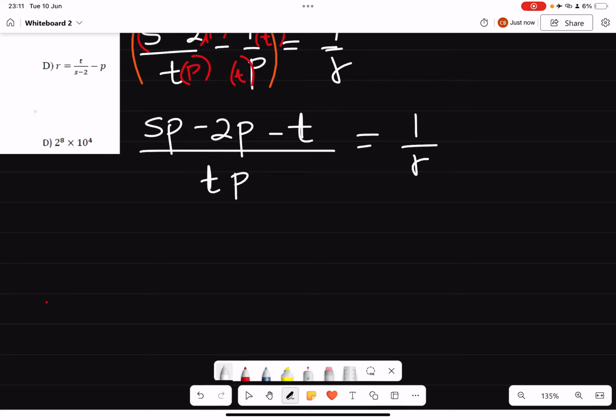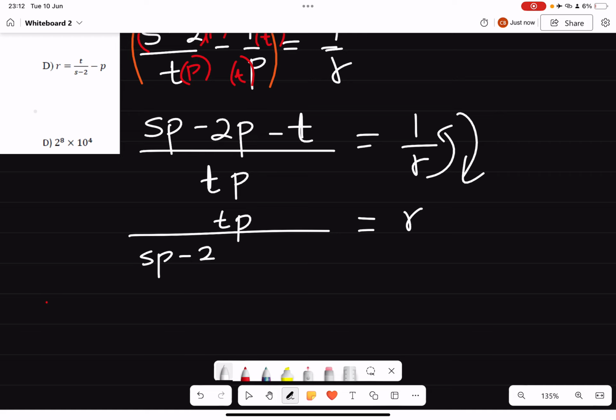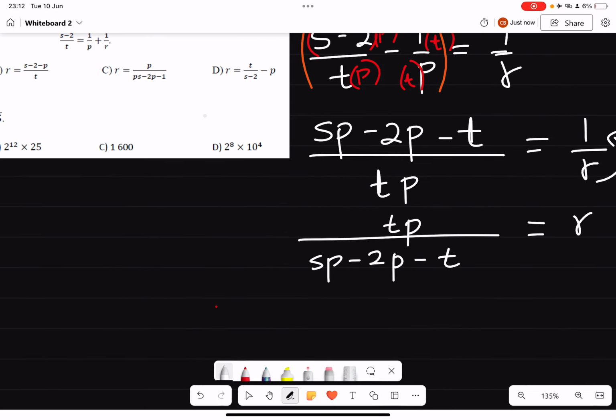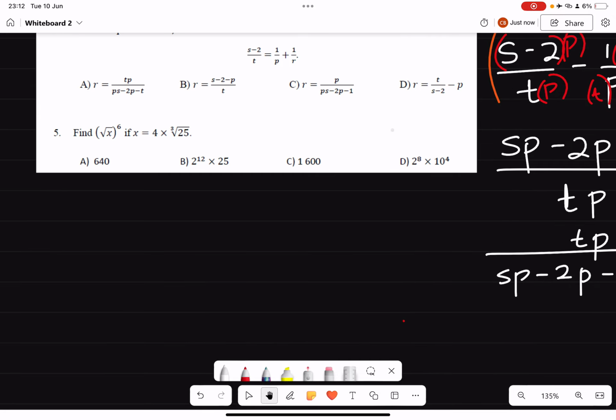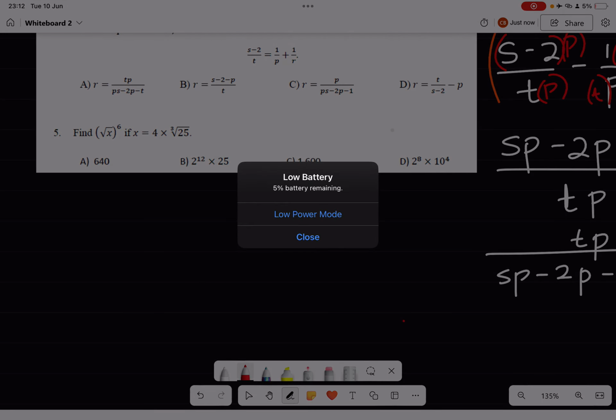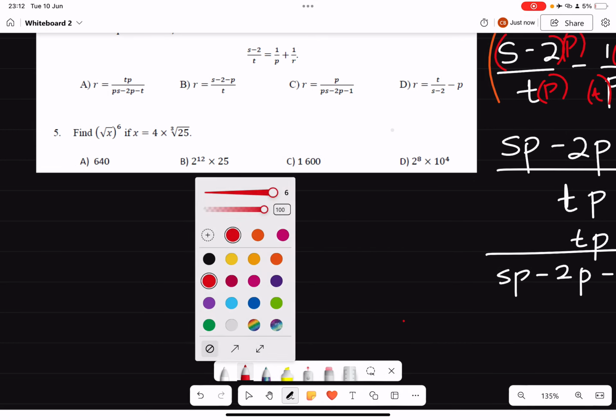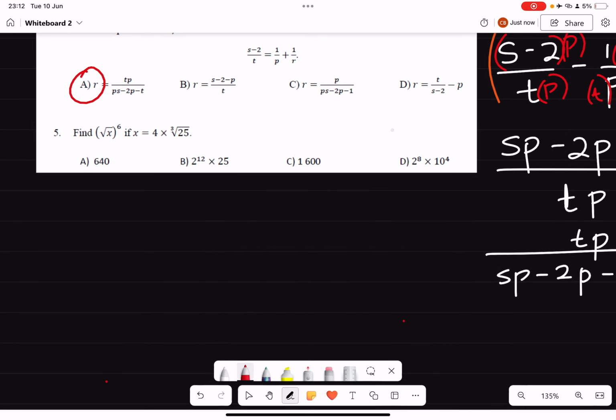So I'm going to invert this side, which is the numerator becomes the denominator and the denominator becomes the numerator. So I'm going to have r over 1, which I did not show. Whatever I do on the left, I must do on the right. So this side, we're also going to flip: tp over sp minus 2p minus t. And that should be option A. You see, that is equivalent to option A. So we agree that our option A is going to be that.